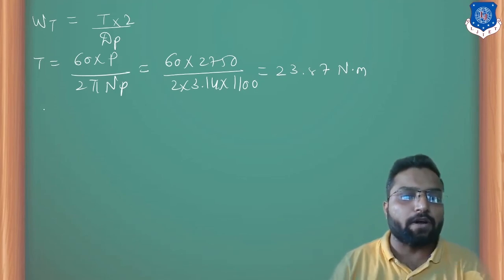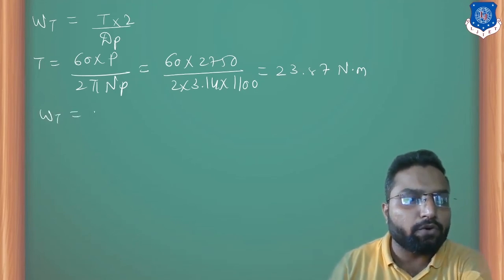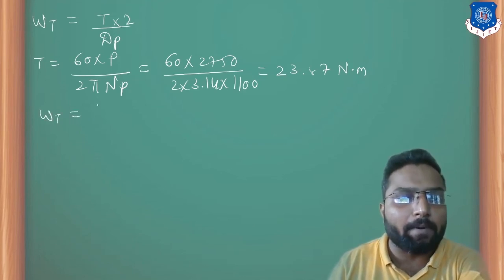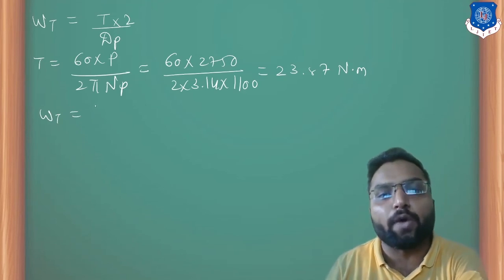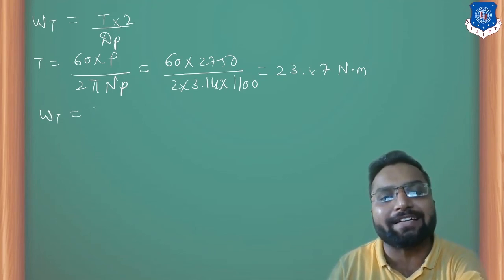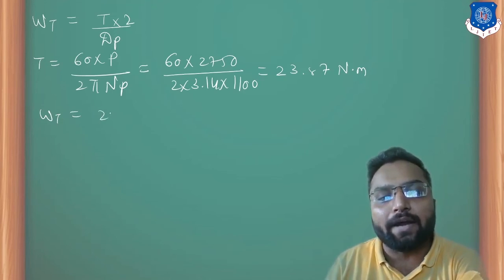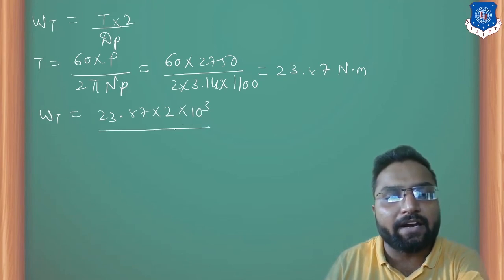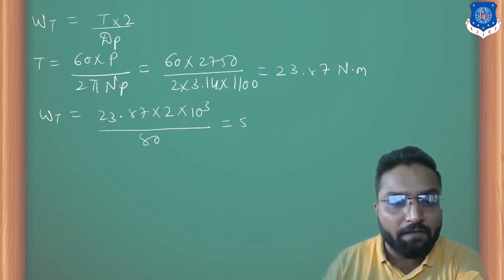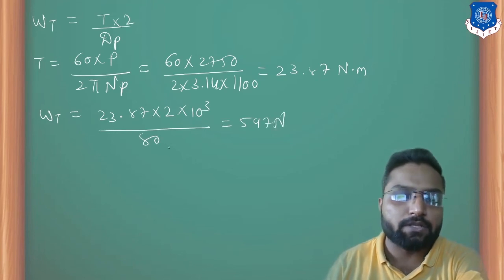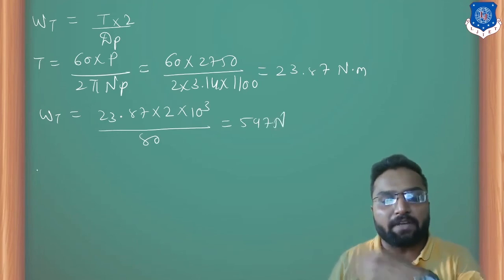Now to find Wt, we have to convert this torque into Newton mm, because we are taking dp equal to 80. So 23.87 into 10 raised to 3 into 2 divided by 80, which is equal to 597 newtons.